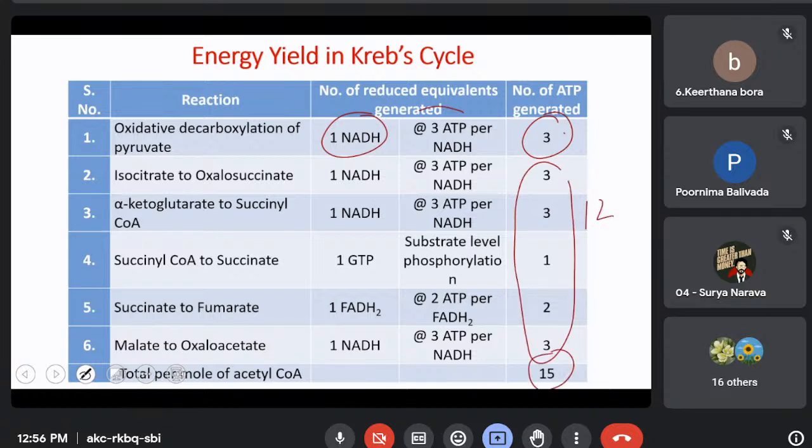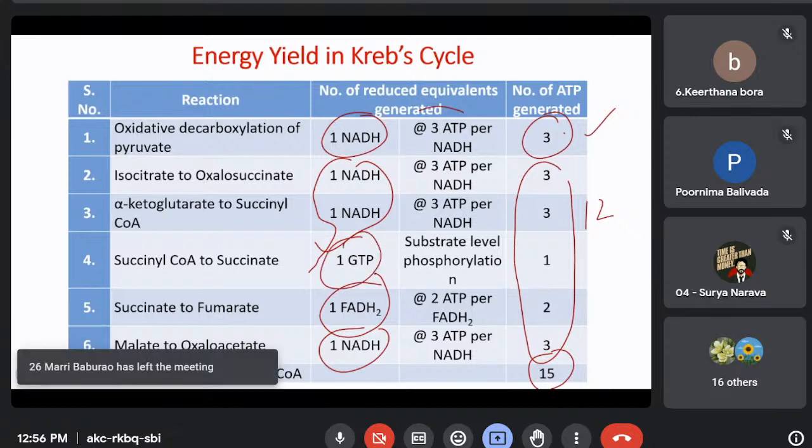Thus, after glycolysis, oxidative decarboxylation, that means conversion of pyruvate to acetyl-CoA, produces 3 ATP when it enters the electron transport chain. And the Krebs cycle produces 3 NADH, 1, 2, and 3, and 1 FADH2. When they enter, they produce 11 ATP and one substrate level phosphorylation, 1 GTP, produces 1 ATP.